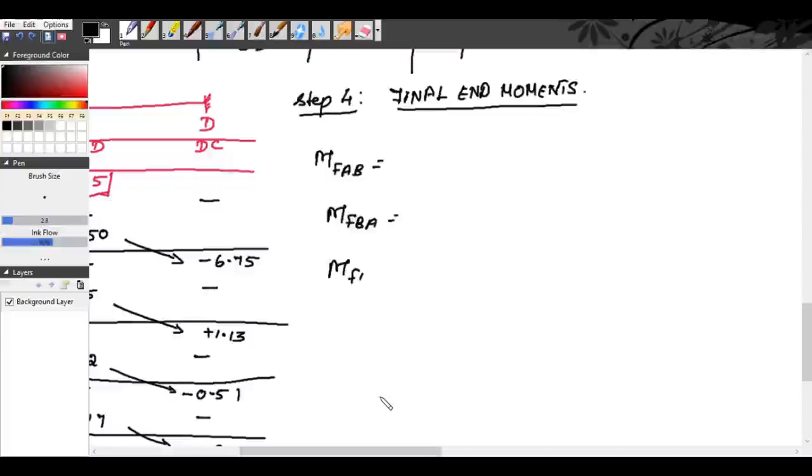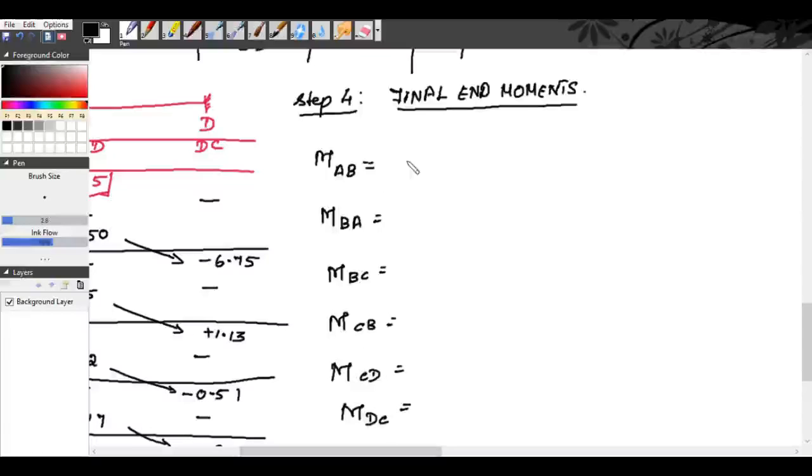MF means it is fixed end moment, right? This is end moments. So MAB, I'm so sorry if I have used MFAB in the previous problems. Please remove that. That is MAB, okay? MAB, MBA, MBC, MCB, MCD and MDC.